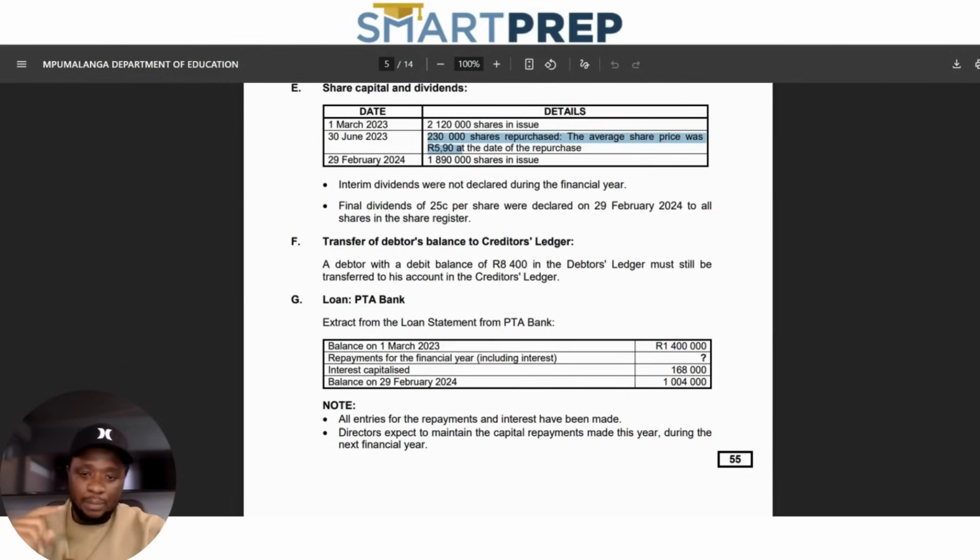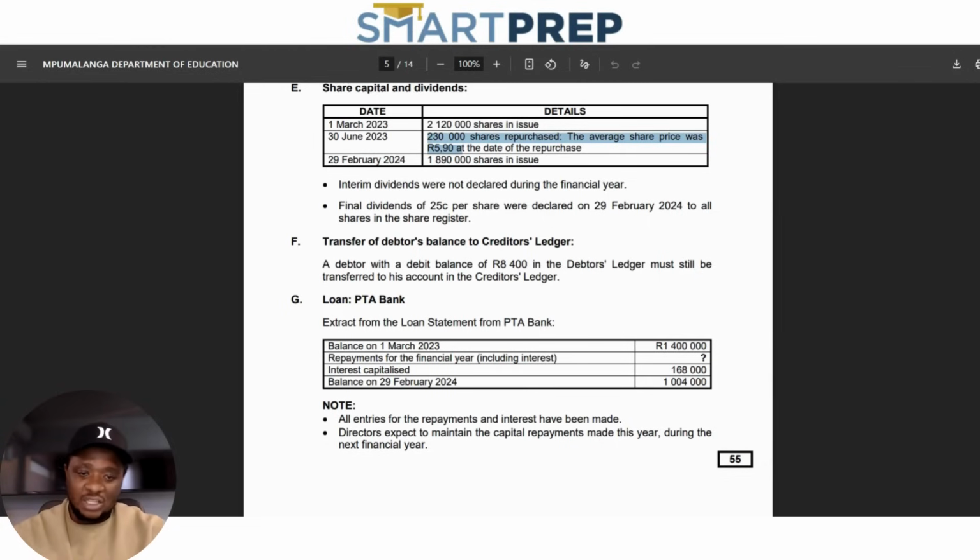And then what do they say about the next financial year? Because now we need to also look at the short-term part of this loan. They said all entries for repayments and interest have been made. It says directors expect to maintain the capital repayments made this year. So whatever capital repayment we made this year, the same applies in the next year.